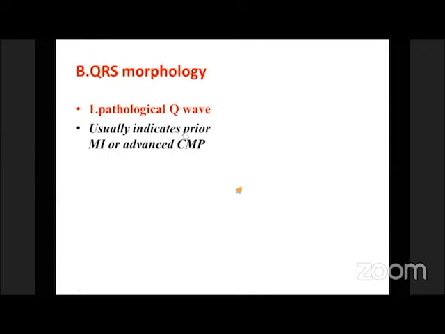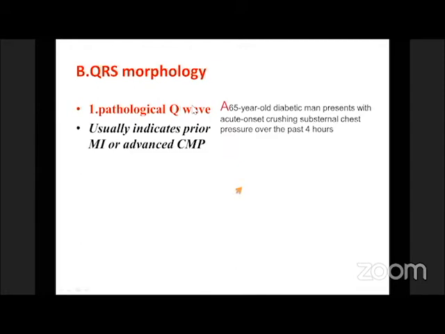And then we have to look at the QRS morphology. We have several morphological changes of the QRS. First, a pathological Q wave usually indicates prior myocardial infarction or advanced cardiomyopathy. I put an example.